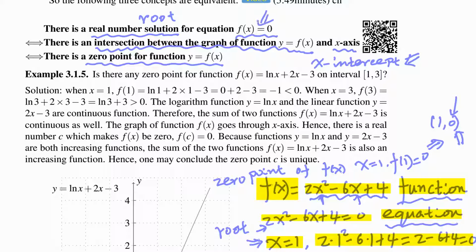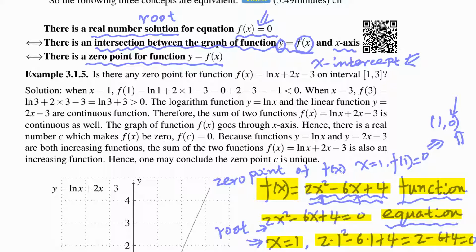Remember, when we talk about an equation, it means there is an equal sign connecting two expressions. When we talk about functions, we let y be the expression. f of x in this case is this one.